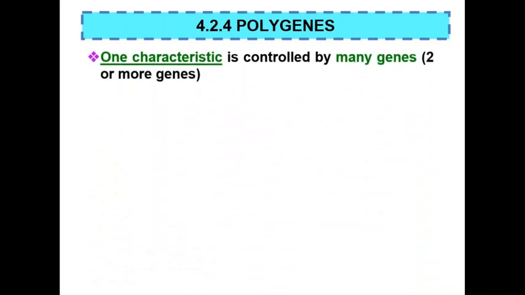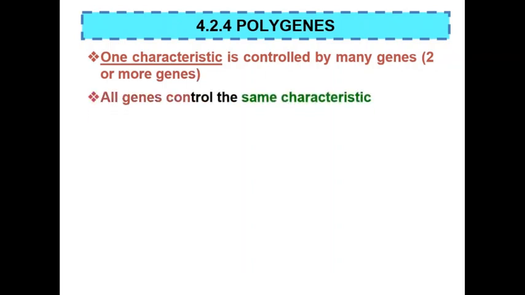Next is polygene. It involves one characteristic, but the characteristic is controlled by many genes. All genes control the same characteristic. All of the traits considered as polygenes are usually quantitative.